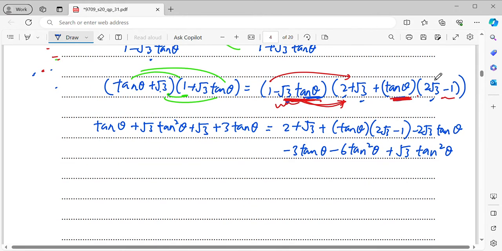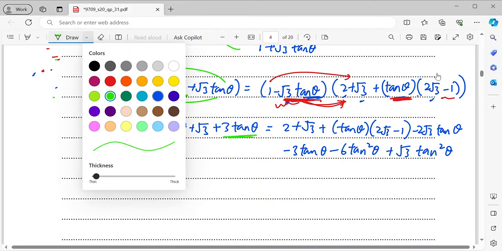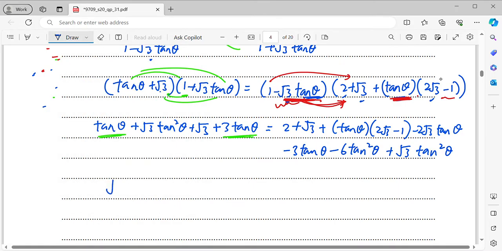Alright, so now I will just do expansion and simplify all the terms. For the left hand side, 3 tan plus tan will be 4 tan θ. So I will rewrite first: √3 tan² θ + 4 tan θ + √3. For the right hand side, I will get 2 + √3.